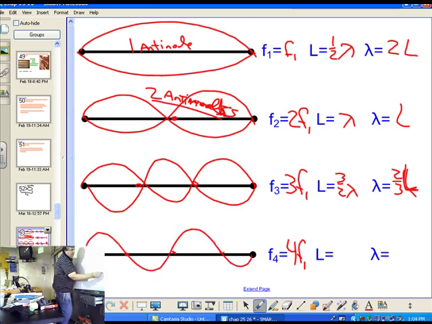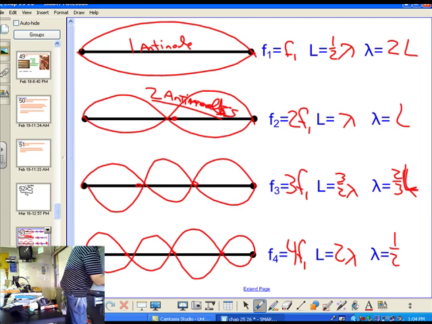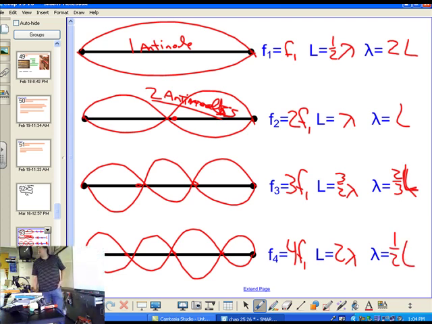So if I went to the 10th harmonic, there'd be 10 antinodes. How many wavelengths is that? Two antinodes make a wave, so for 4 antinodes there are actually 2 wavelengths. So the length of this is 2 lambda. Half L is our lambda.